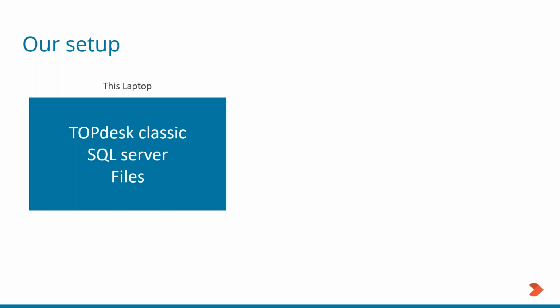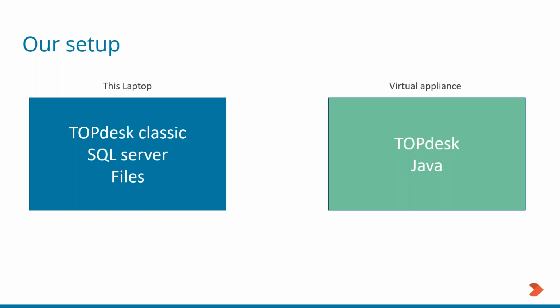What we're going to do is we will import a virtual appliance into our local hypervisor, which is going to be VirtualBox. And once we've done this, we can then follow our migration process, stop the classic TOPdesk installation, and then point the virtual appliance at the pre-existing database and also the file share for the licenses.